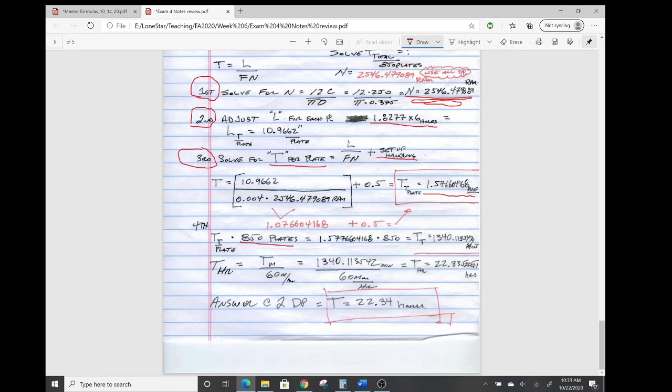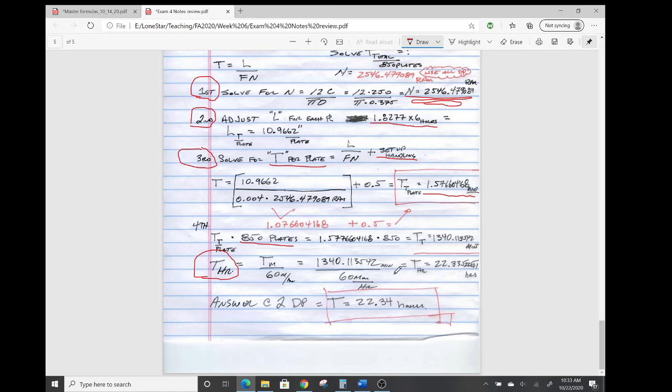So the total time is 1,340.113542 minutes, but we want the answer in hours, yes? So the time in hours is the time in minutes divided by 60 minutes per hour. So you take 1,340.113542 minutes and divide that by 60 minutes per hour.